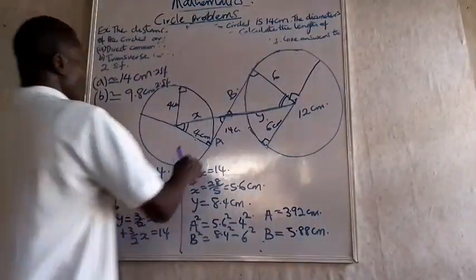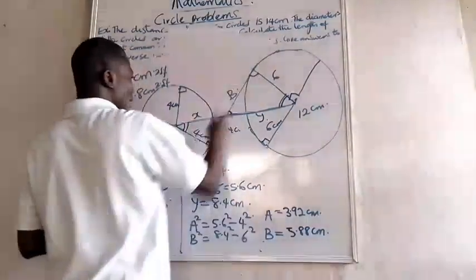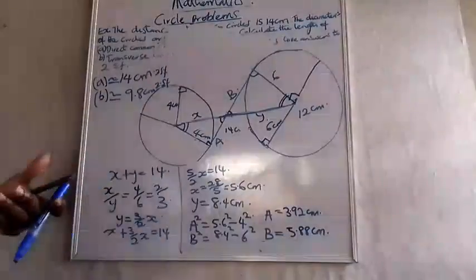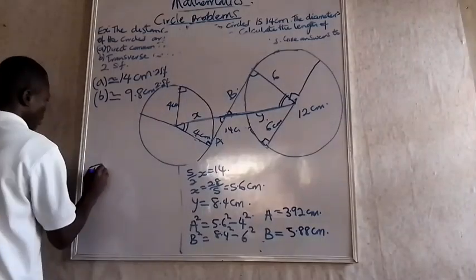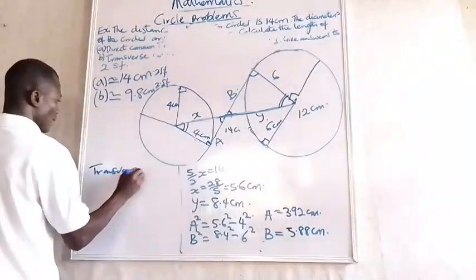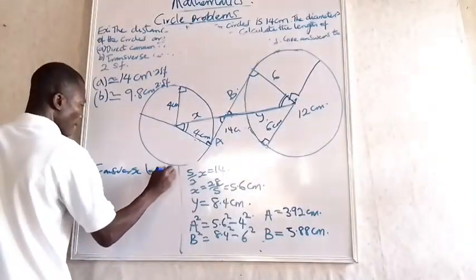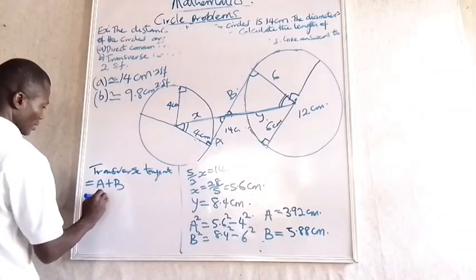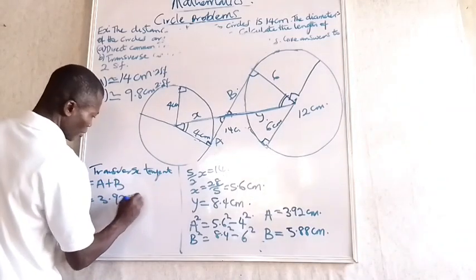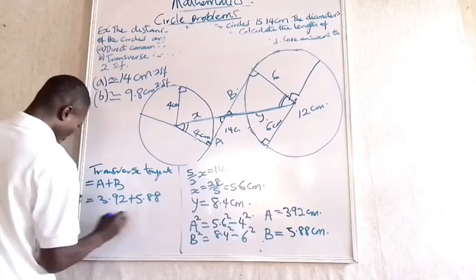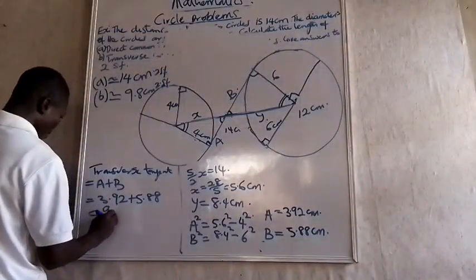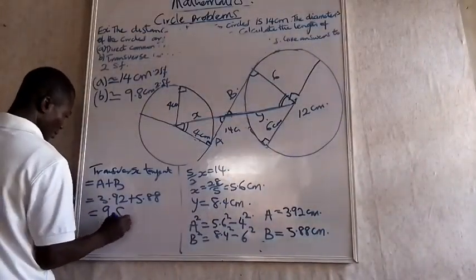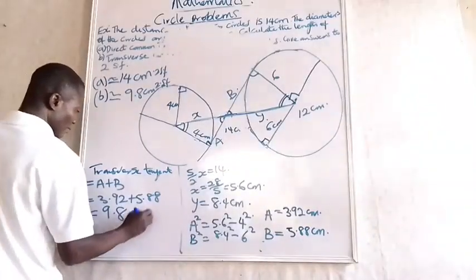And you know the sum of A and B gives us the total length of the tangents. So transverse tangent is equal to A plus B, which is 3.92 plus 5.88, and that is 9.8, approximately 9.8 centimeters.